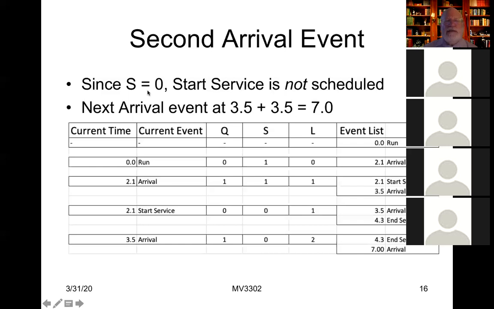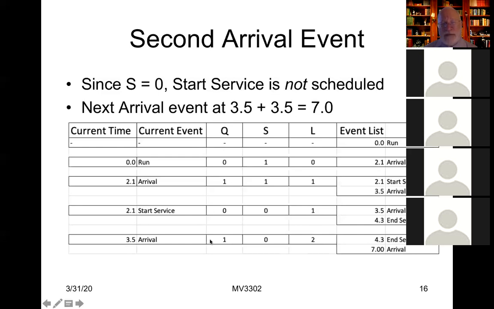Now, the first time the arrival event occurred, we scheduled 2 events, the next arrival event and the start service event. But we only schedule the start service event if a server is available, that is, if S is bigger than 0. Because S is equal to 0, that is false.